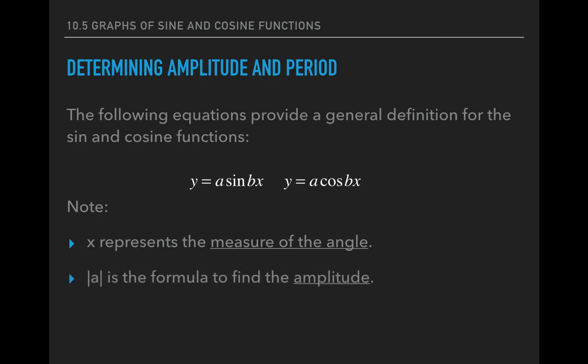The absolute value of a in the general definition is your amplitude. The period can be found by taking 2 pi and dividing it by b, the number just in front of x.